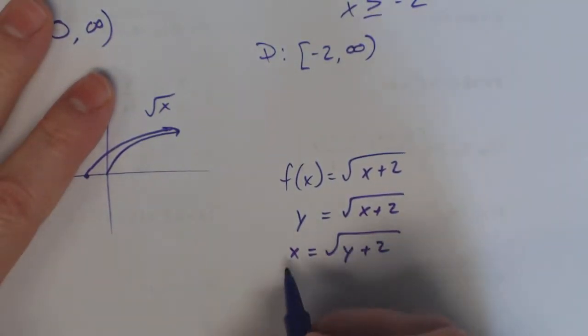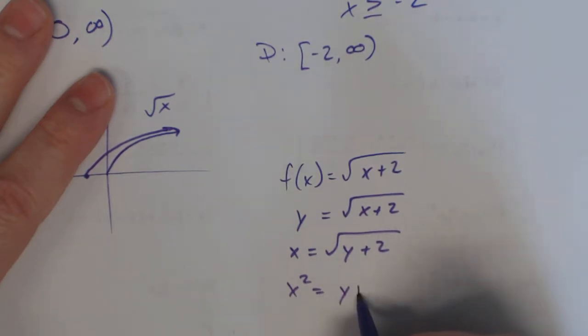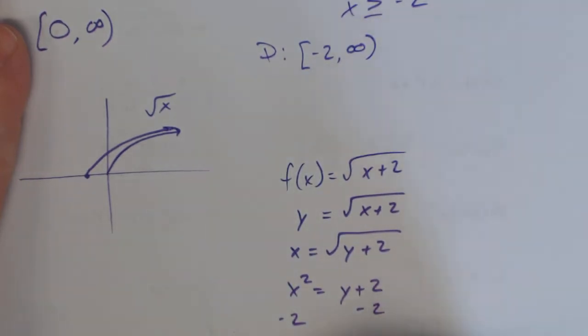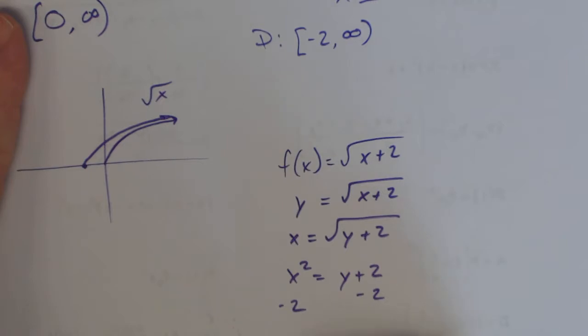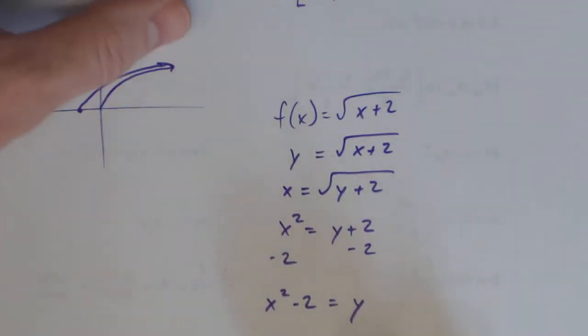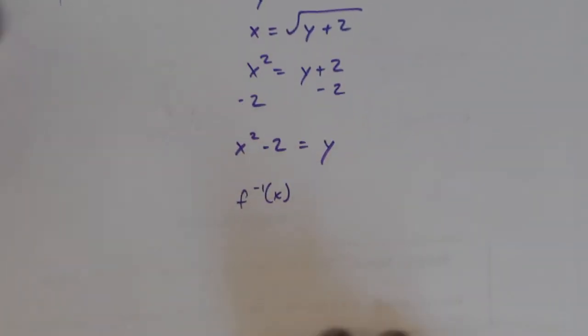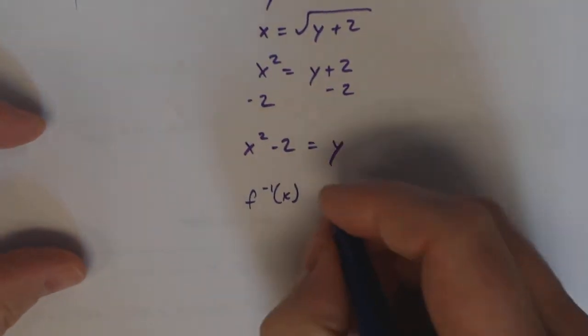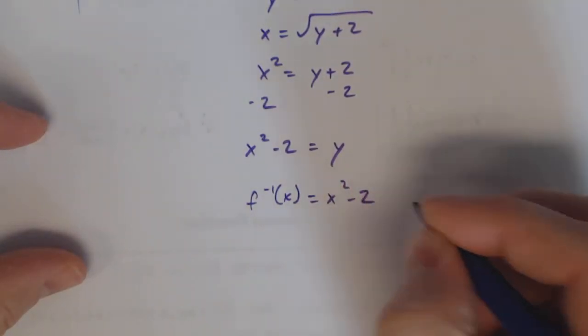So to get rid of the square root, you have to square both sides, and then I subtract 2 from both sides. Okay, so my inverse function is x squared minus 2.